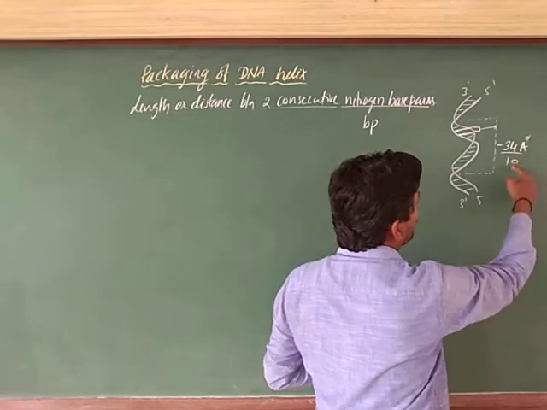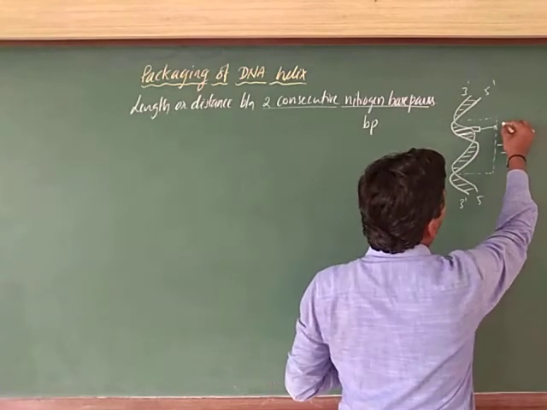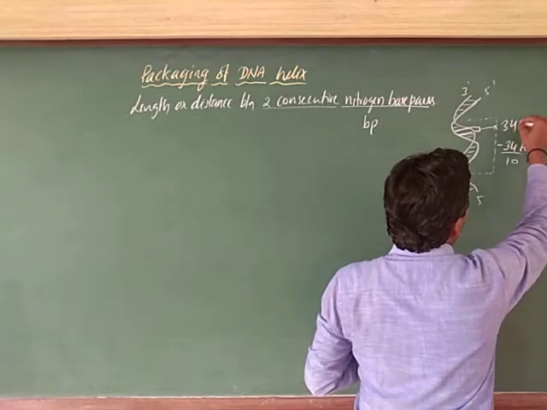For 34 angstrom with 10 base pairs, it will be approximately 3.4 angstrom.